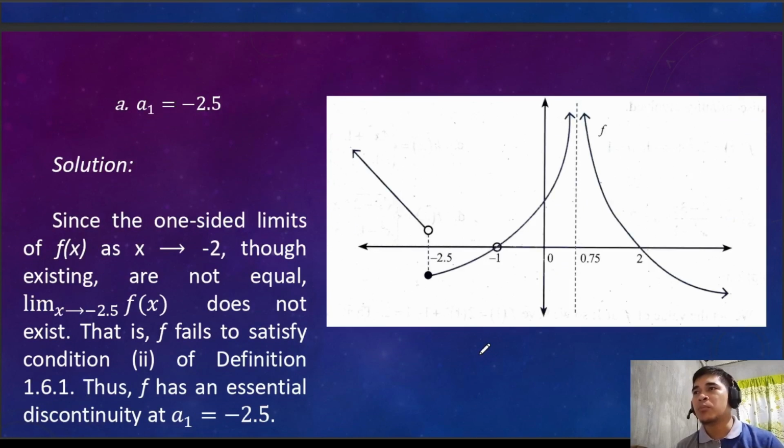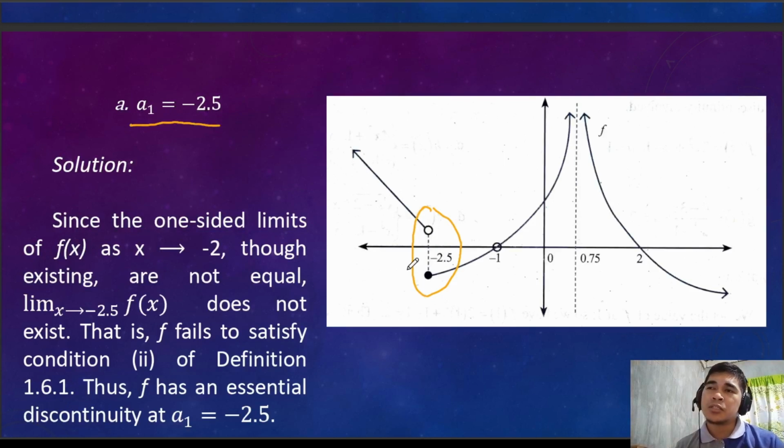First, we have A sub 1 equals negative 2.5. So from the graph alone, here, this is the portion of A sub 1 equals negative 2.5. So tanawon pa lang nimo ang graph, this is discontinuous at A, diba?